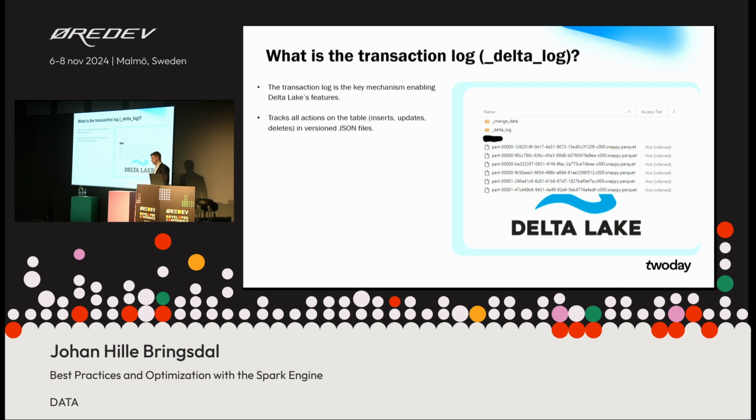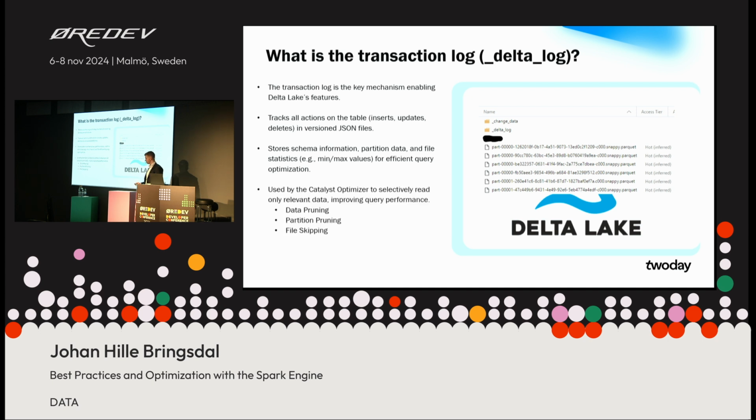It tracks every single action on the table, so every insert and delete operation is kept in a JSON file that is versioned by numbering, so you can also see previous versions. It stores schema information, partition data, and file statistics such as the minimum and maximum value for the different numeric columns, and that gives you efficient query optimization.